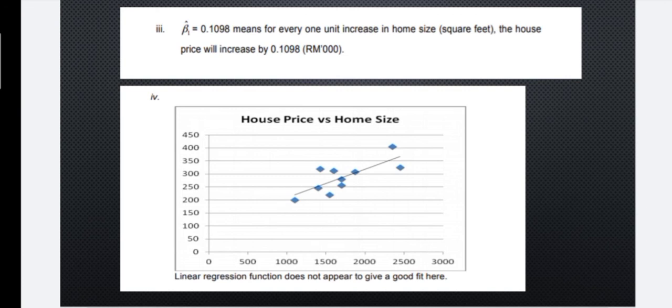Ataupun satu lagi cara adalah sebenarnya you kena dapatkan point, setiap point tadi ada 10 data, so you kena ada 10 lagi data untuk Y hat pula. Macam dapatkan Y hat tu, you kena replace all the X dalam equation Y hat equal to beta naught plus beta 1 X yang you dapat tadi, and then you will have the column of Y hat sahaja.